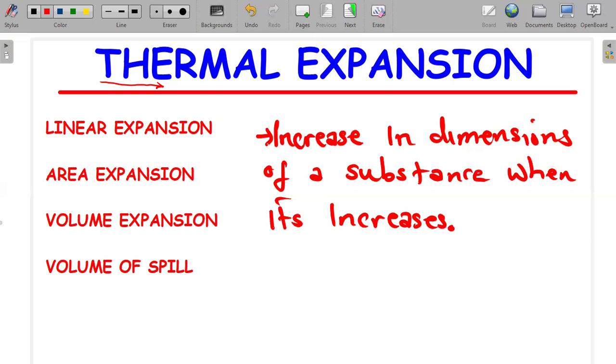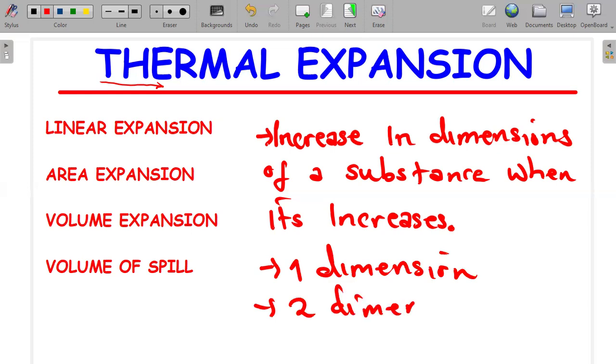You're going to find that sometimes the thermal expansion takes place in only one dimension. Sometimes it is going to take place in two dimensions, whilst sometimes it is going to take place in what?